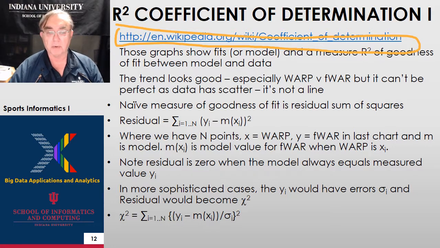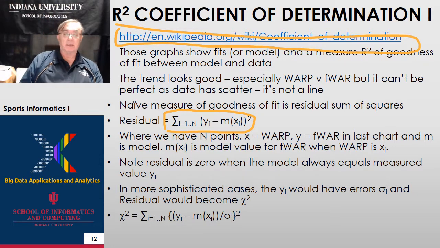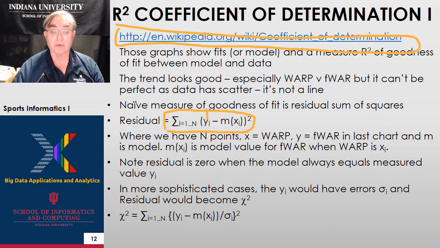So the normal way you measure goodness of fit is the residual. If you have some measurements yi, which say maybe fWAR, and you have some xi's, which are WARP, and you want to measure the quality of a model, which expresses fWAR in terms of WARP, so it's a quadratic model, you just take the measured value of the say fWAR.